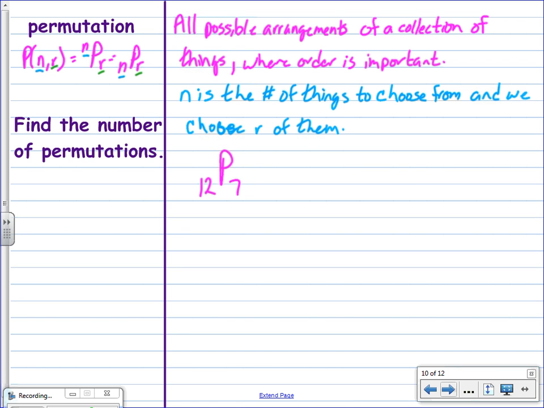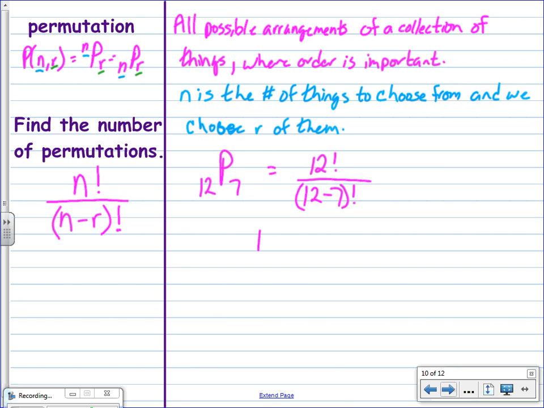There we go. So there is a nice little formula to do it from, and it is the number of things I choose from factorial divided by the number of things I choose from minus the number of things I want, and that factorial. So to do this, I'm going to do 12 factorial over 12 minus 7 factorial, and then we're just going to solve it.